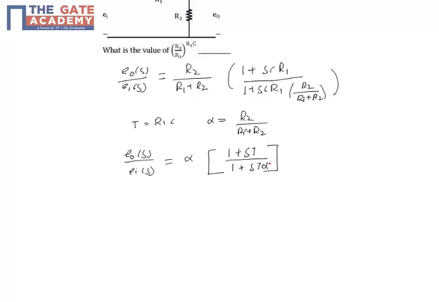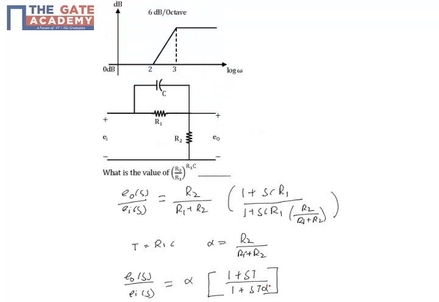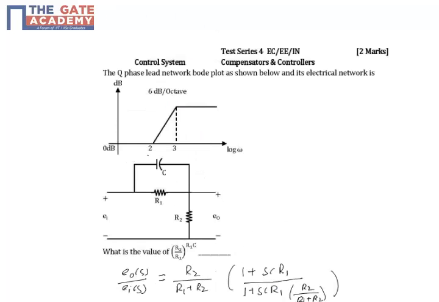Now looking at the Bode plot, we know that there is a zero here because there is a positive slope, and here we have a pole because the slope is getting evened out.